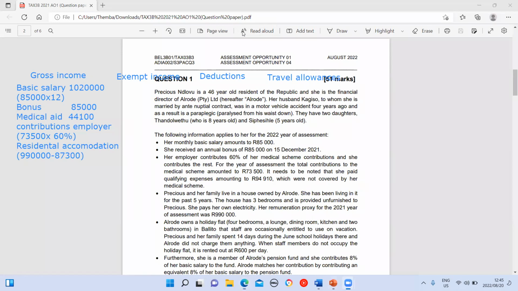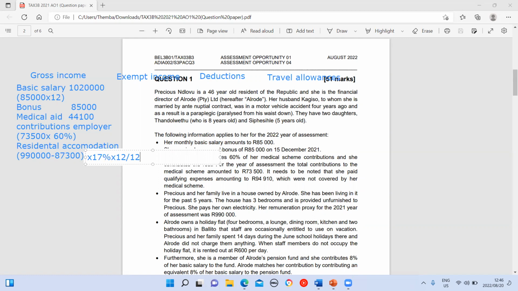So let's continue our calculation. You simply multiply it by 17 over 100, times 12 over 12. This is because she was employed the whole year. And what will the amount be?